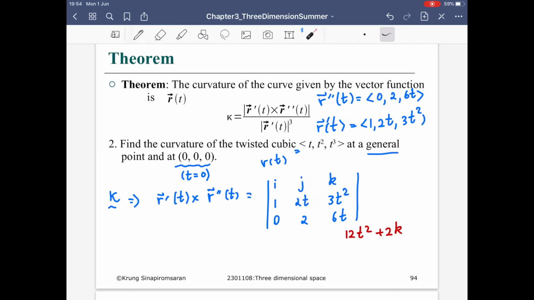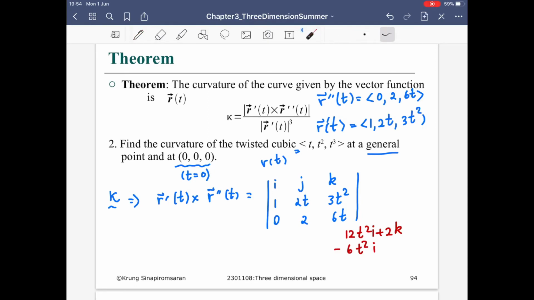So the first one, you got a 0, and then this one, you got a 6t squared i, but it is upward, so it is, oh sorry, I forgot the i here. So it is the 6t squared i, with the negative sign, right?